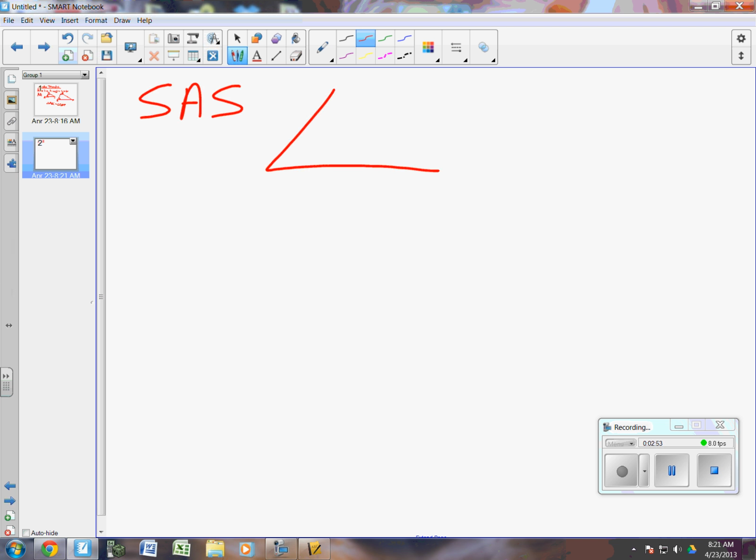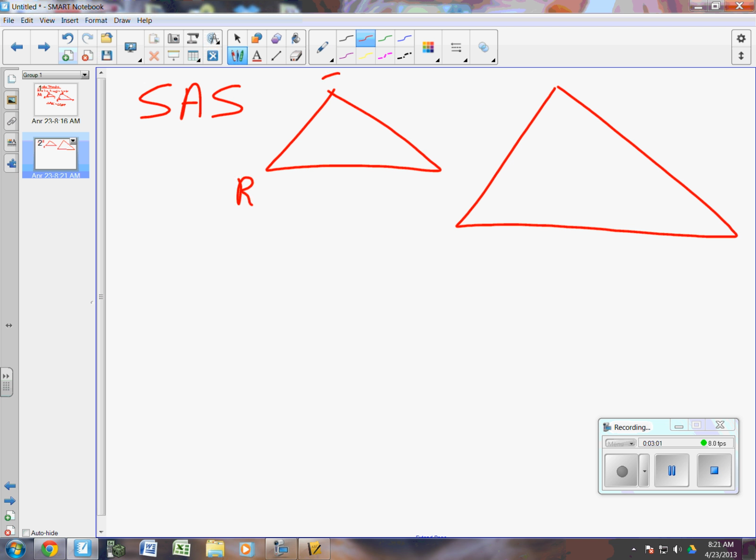And that one looks like this. Let's say I have these two triangles right here. Let's call this one RST. This one QXV. And let's say we had something like this. This angle R congruent to angle Q. And side RS congruent to side QX.